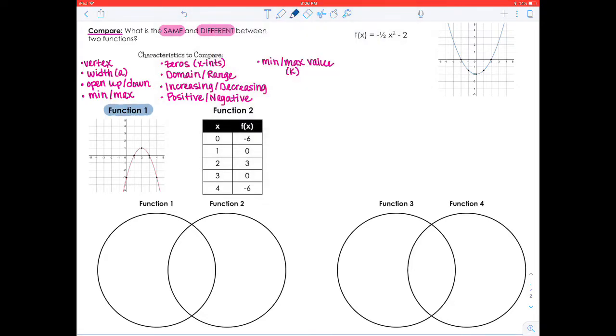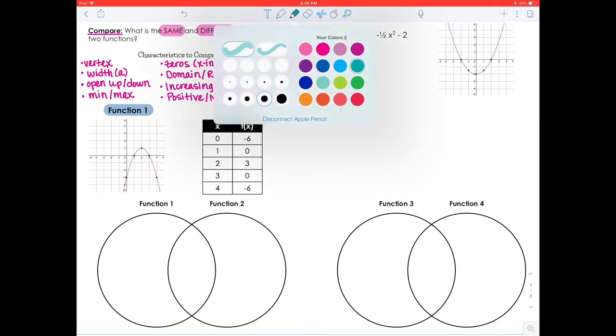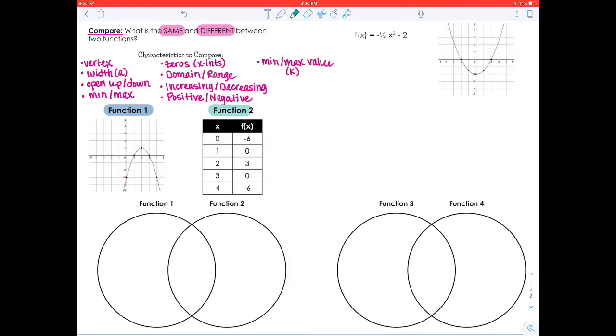So function 1 here, we've got a graph. In function 2, this is quadratic, but from a table. Okay, it's just a table of values instead. So I would focus on looking at your list of things to compare and starting to find each of those things for each one.